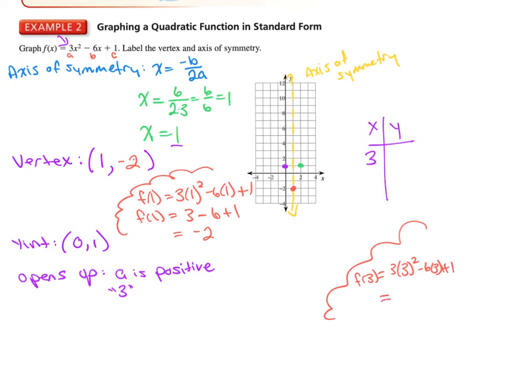So we get 9 times 3 is 27. 6 times 3 is 18. 27 minus 18 plus 1 is 10. So we get the point (3, 10). So 3 up to 10.